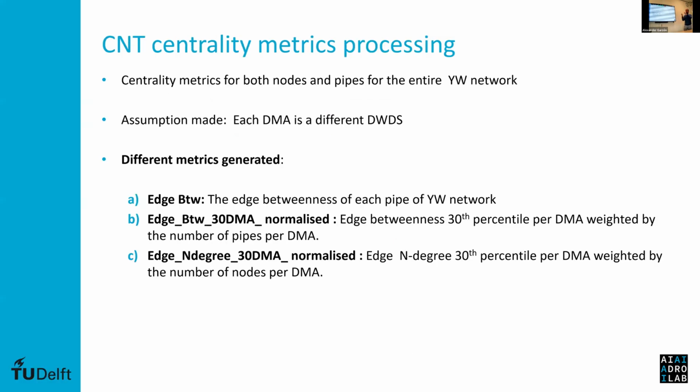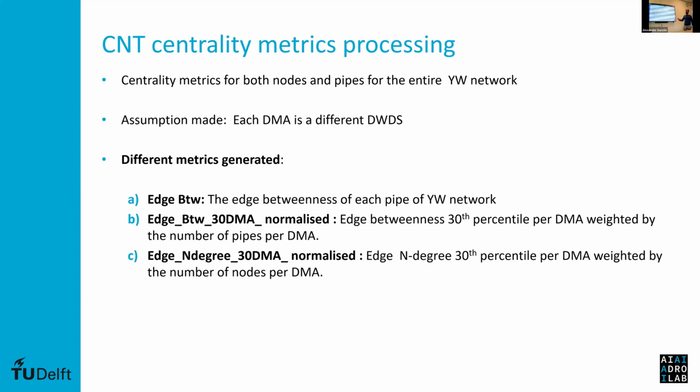We tried to do this for all the water distribution systems of Yorkshire Water. So we're talking about 70 water treatment works and 2,700 DMAs. And we calculated the metrics by making one assumption, that every DMA is a different water distribution system. The reason that we did that is because, as I showed you before, we have closed valves, and the water is distributed directly there.